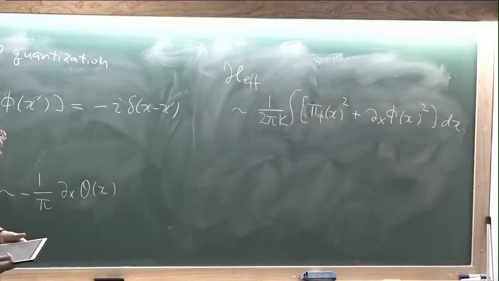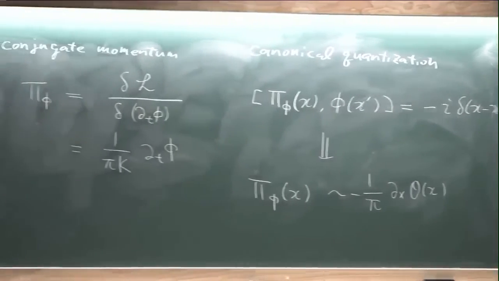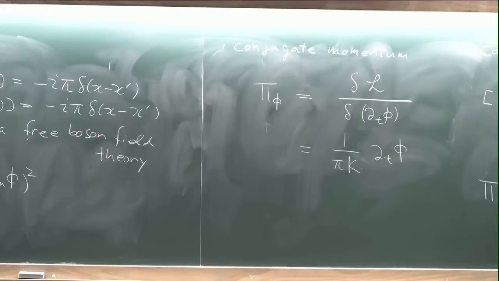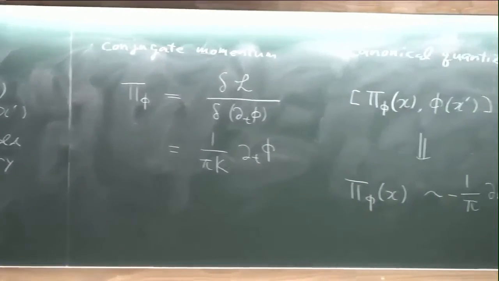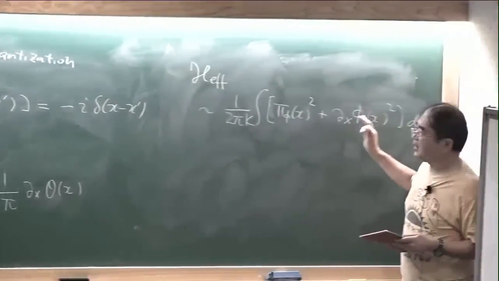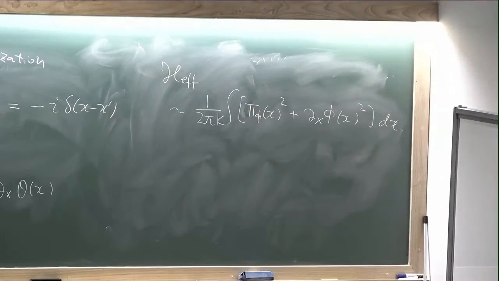So you can rewrite this Hamiltonian. You can obtain it as a low energy effective Hamiltonian for many particles interacting in 1D in this form, assuming that you can forget about all those complicated additional corrections. And this Hamiltonian is identical to what you obtain from the canonical quantization of this free boson Lagrangian field.